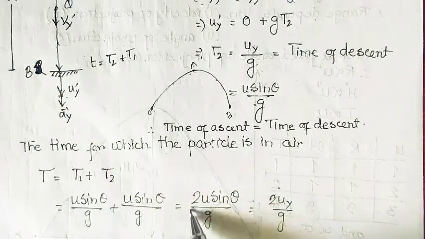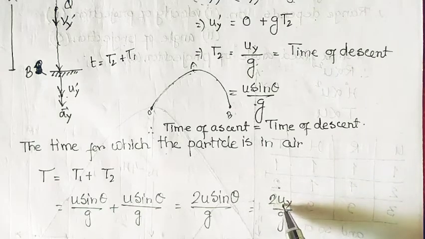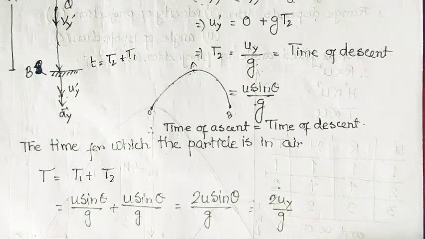If I add these two, we get 2 u sin theta by g, that is 2 into the y component of the initial velocity divided by g. So we can calculate the total time of flight if the angle of projection is known to us, if the initial velocity is known to us. So the total time of flight depends on these two values.